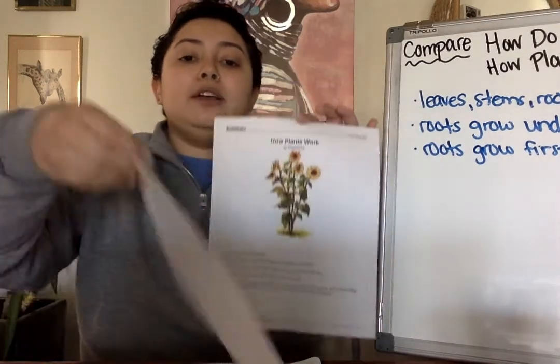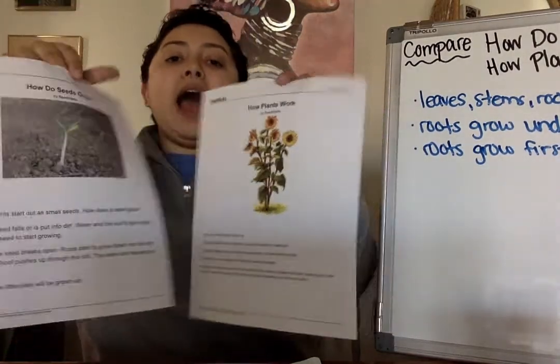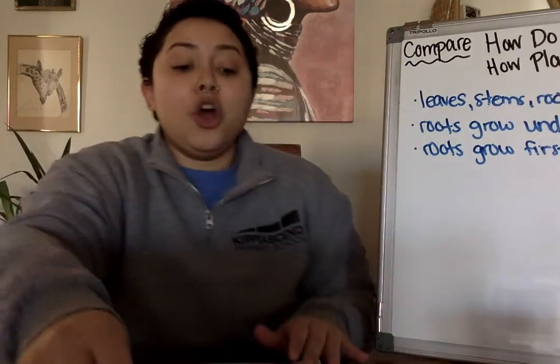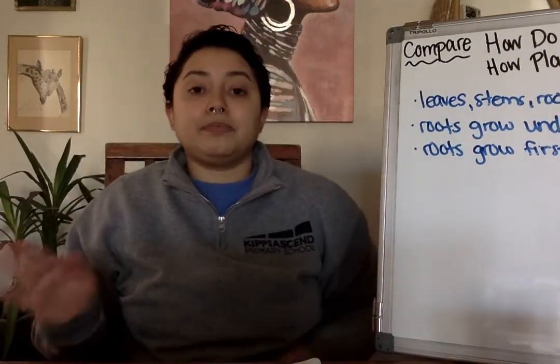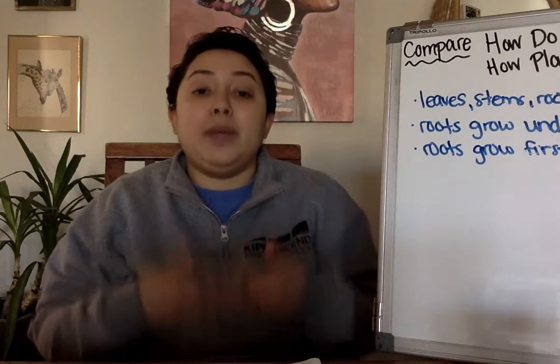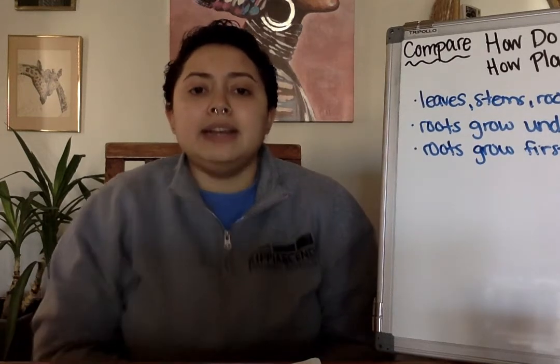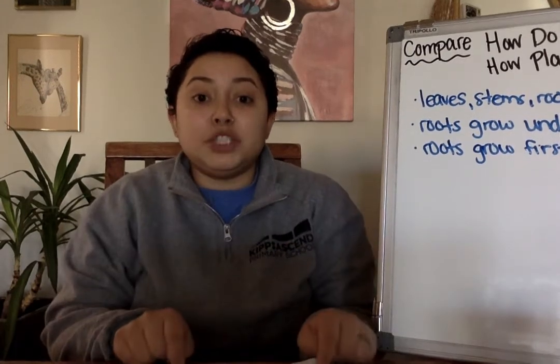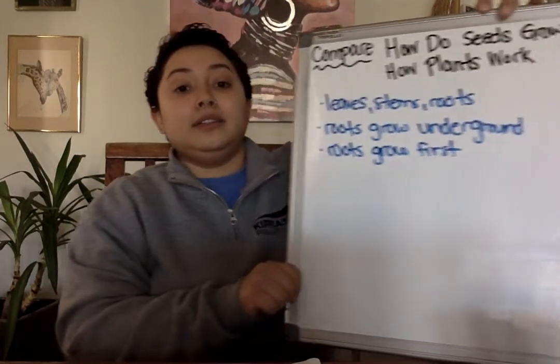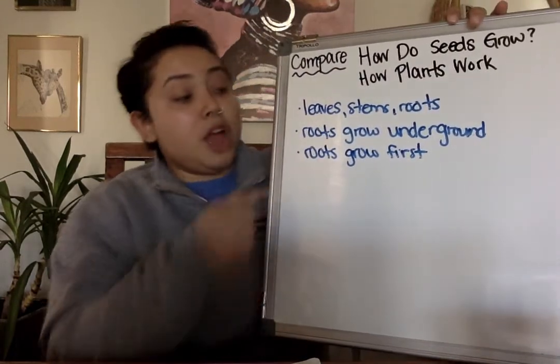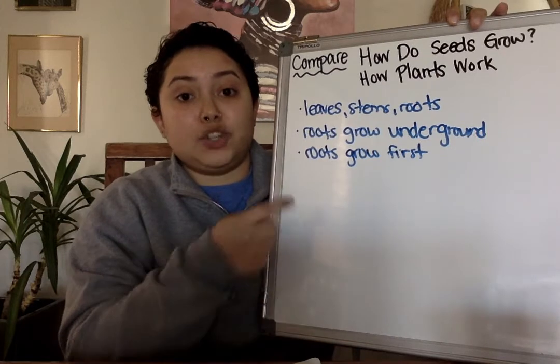Now, we've just read both of these texts. I want you to think about how these texts are similar. So we're comparing. Now, what I did is I read these two texts and I made a list of the ways that these two texts are similar.